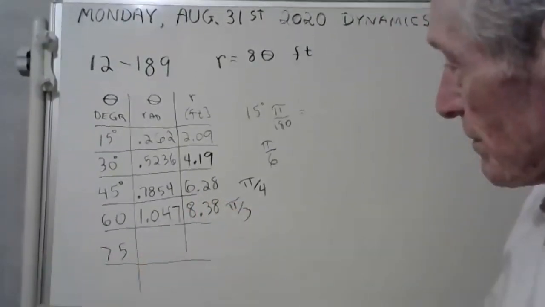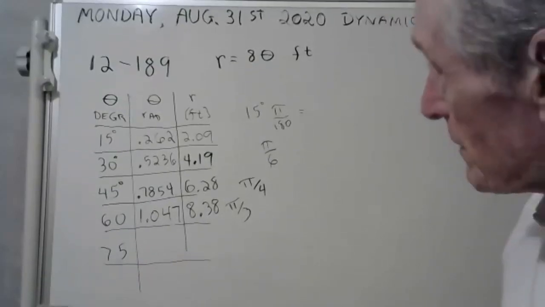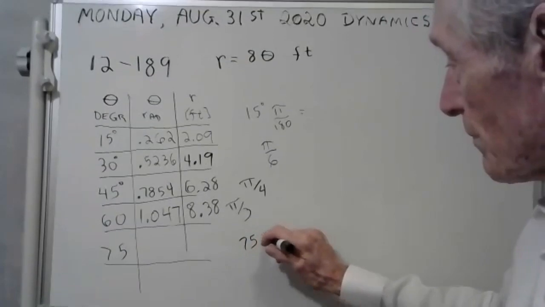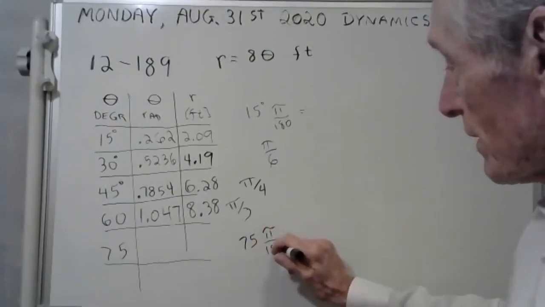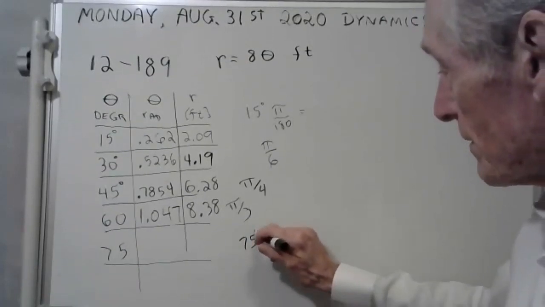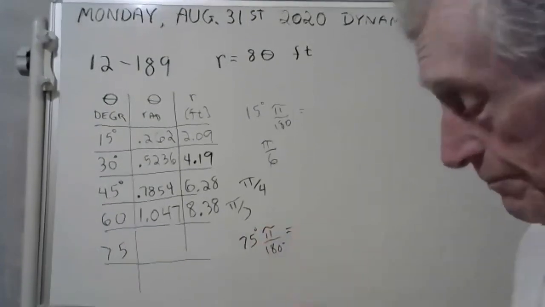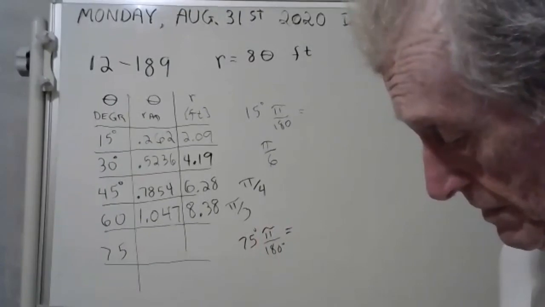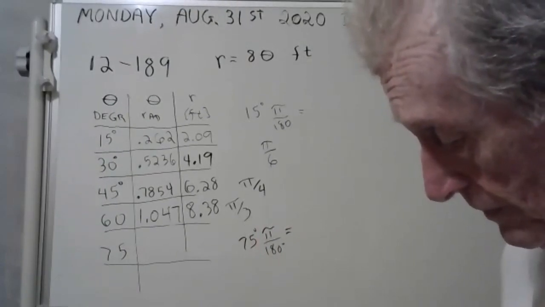Now 75 degrees, I don't know what that is, but see, I can take 75 multiplied by pi radians for every 180 degrees, and I can get 75 times pi divided by 180.